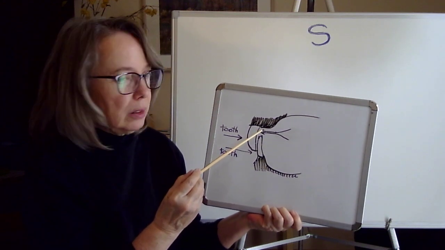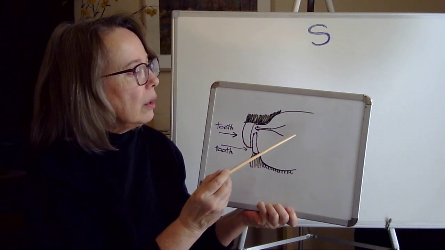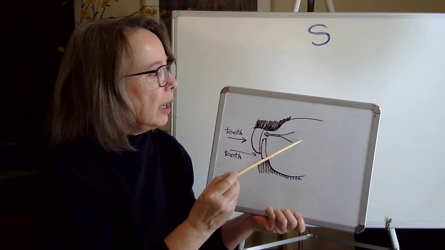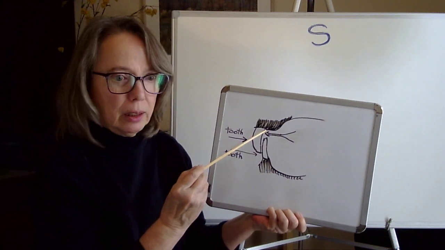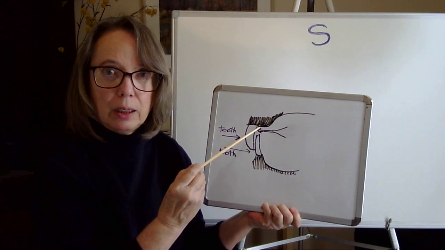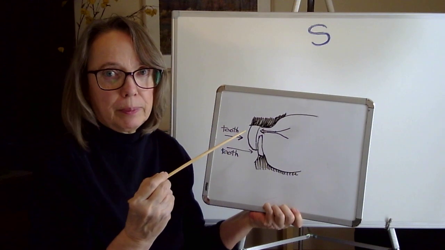And it leaves a little space at the top where a small jet of air can come in and hit the target right here. And it's really hitting the back of a tooth at the very top.